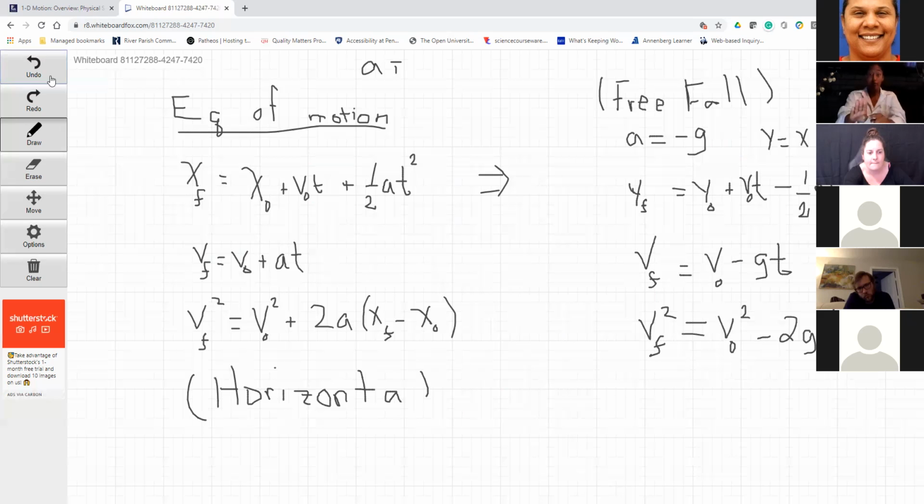A is constant. Okay. So that's how you transition your horizontal equations of motion for constant acceleration into free fall motion, vertical motion under the influence of gravity only.